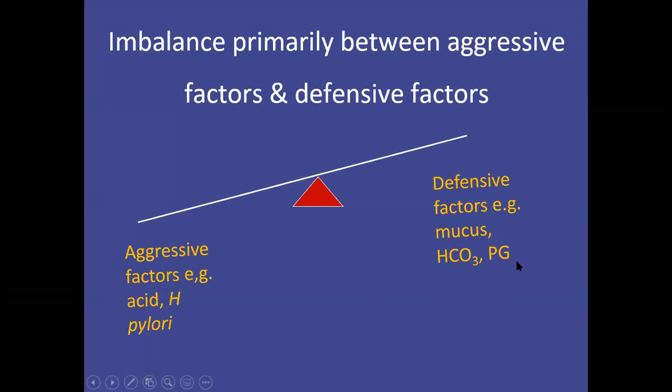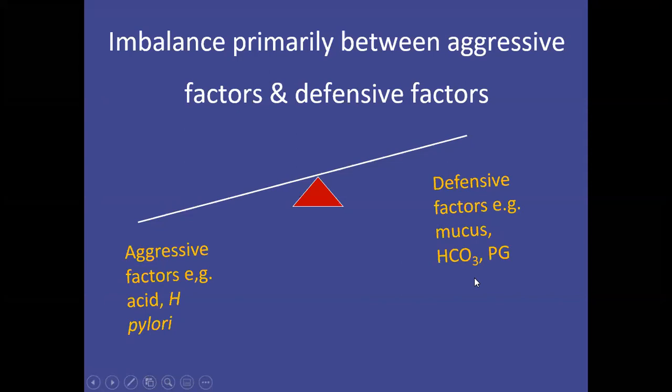Now, based on these mechanisms, aggressive as well as defensive, the whole pharmacotherapy of peptic ulcer depends upon two strategies. Either you blunt or decrease the aggressive factors by decreasing the acid or killing the bacteria, and or you enhance the defensive factors: increase the mucus production, increase the bicarbonate production, or increase the action of prostaglandins.